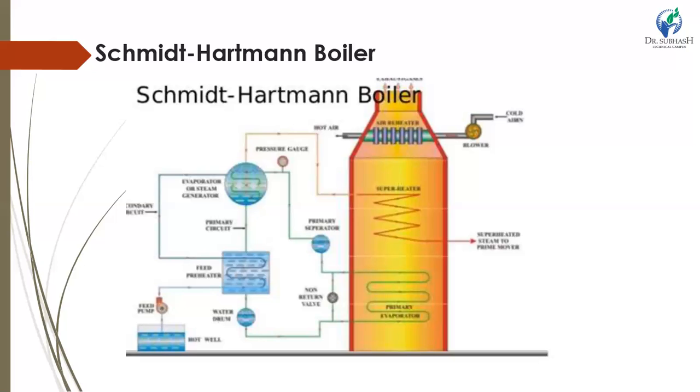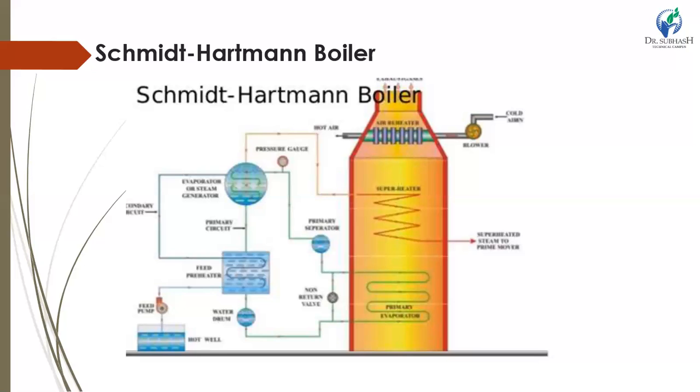The high pressure steam in the submerged heating coil of the primary circuit possesses sufficient thermal energy to produce steam at 60 bar from the impure heated water of the secondary circuit.